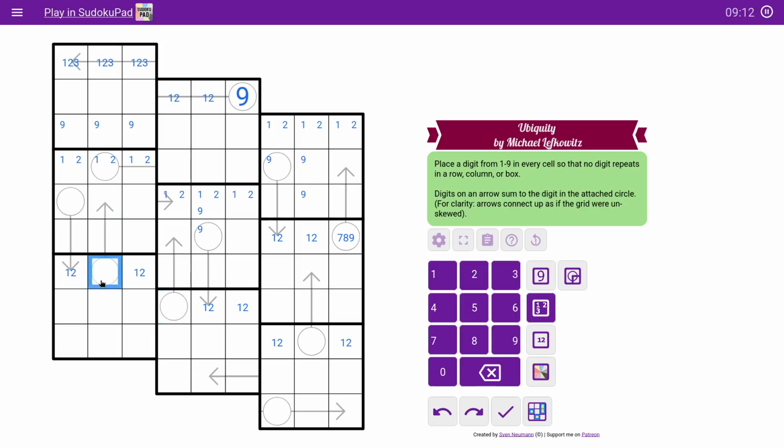Now again, this can't have a 1 or 2. This can't have a 1 or 2. This can't have a 1 or a 2. Which is a little suspicious. If this is a 2, then this is a 1 and a 1. This can't be a 1 or 2 because of the column.